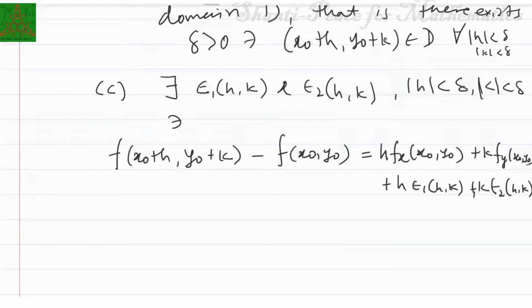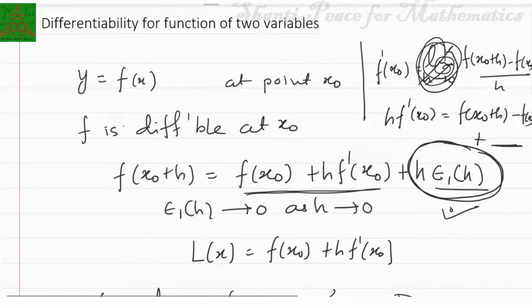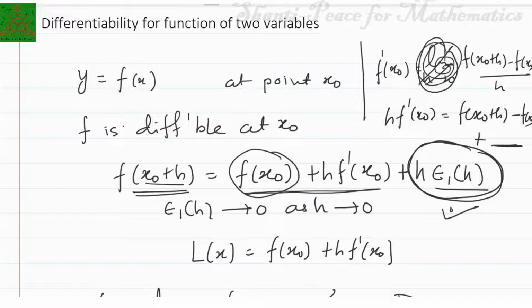This is actually the same definition as for one variable. We have copied that idea and generalized it. In the one variable case we have x0 plus h, then the value at x0, then the derivative which multiplies h, and then an error term.